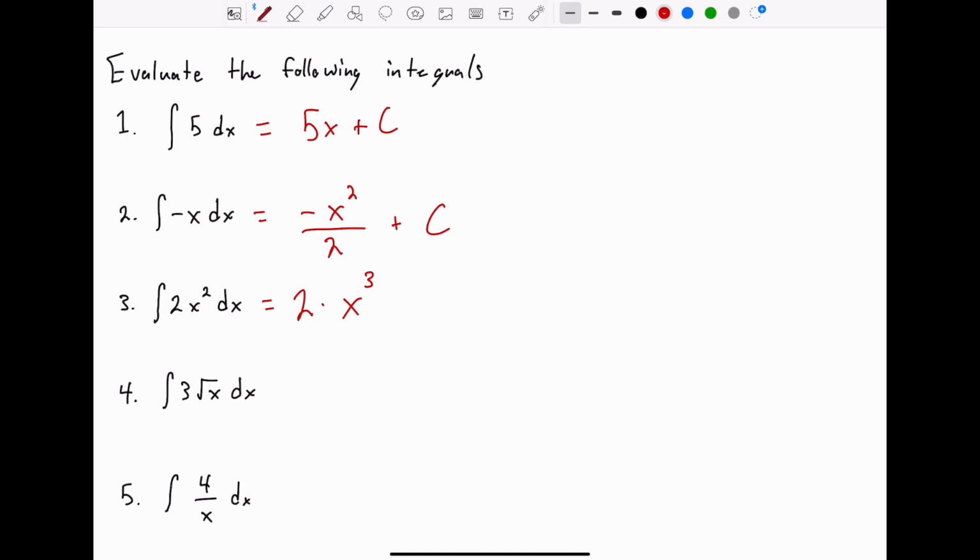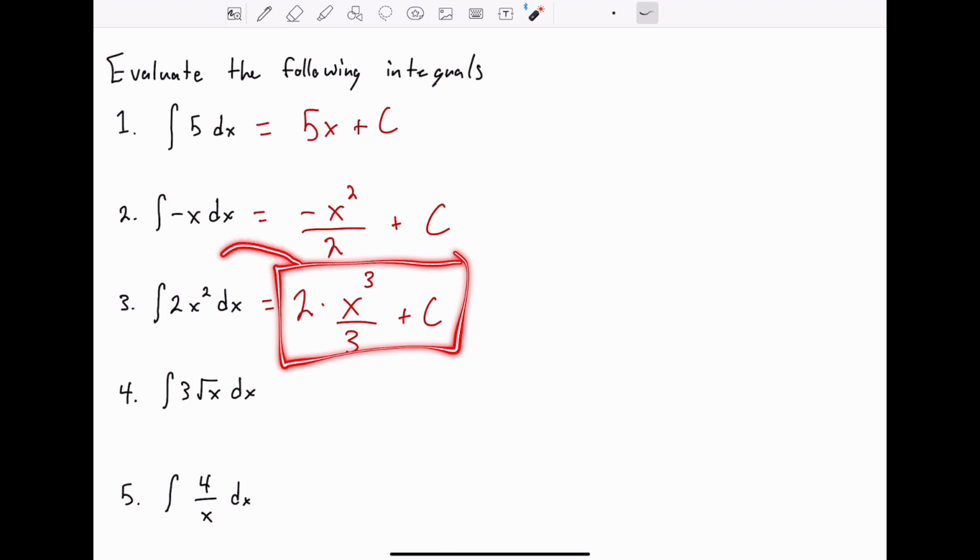We increase the power by 1, divide by the new power, add on a plus c. Once again, it's very important to think of going back by taking the derivative. The derivative of x cubed is 3x squared. The 3's would cancel, and we would have 2x squared. That's where we started. We can always check any integral by taking the derivative of the answer, and it should be exactly what we started with.